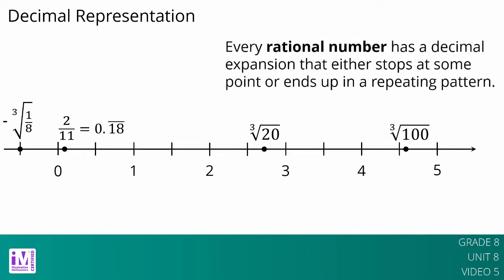Every rational number has a decimal expansion that either stops at some point, like the opposite of the cube root of 1/8, which is -0.5, or ends up in a repeating pattern like 2/11.